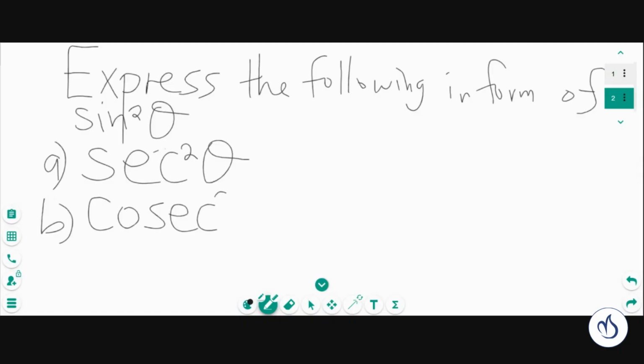When I say express in terms of sine squared theta, I am saying you should not have any other trig identity in your solution except sine squared theta.